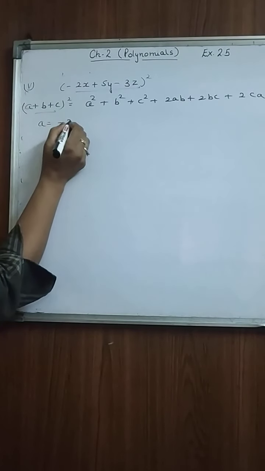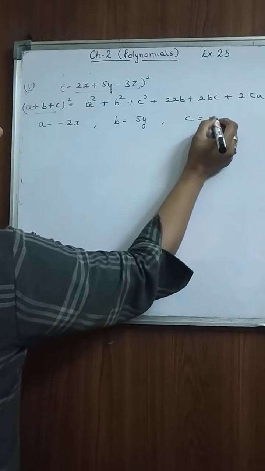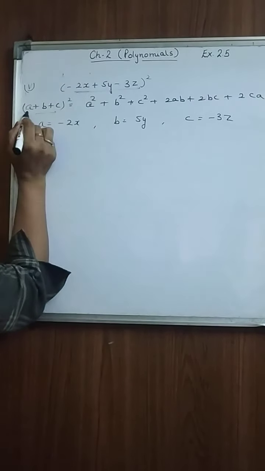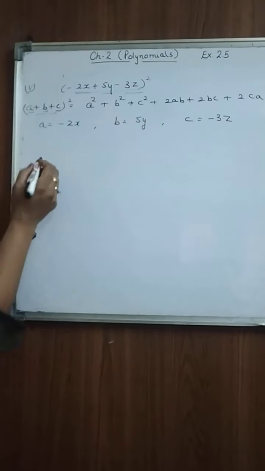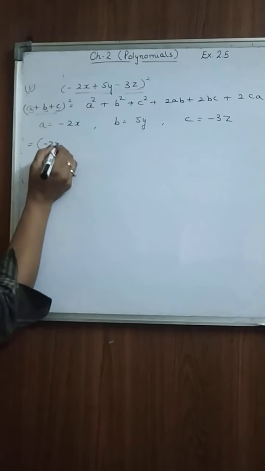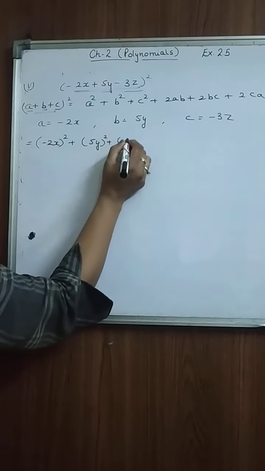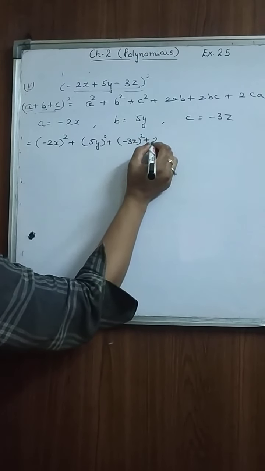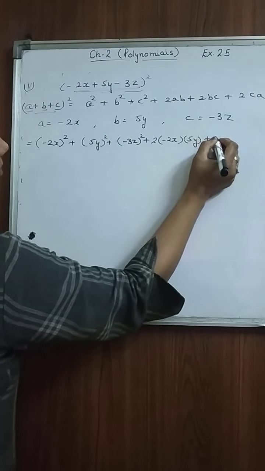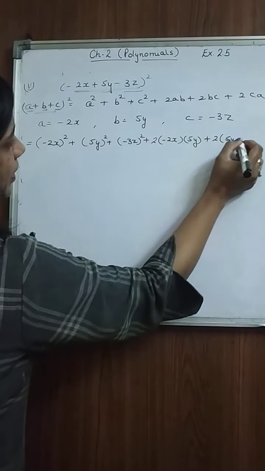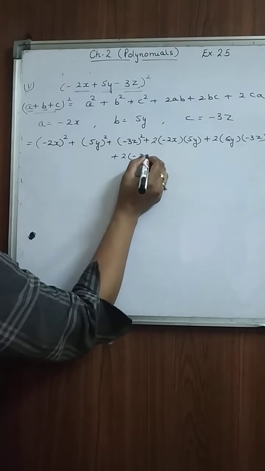Our a is here -2x, b is 5y, and c is -3z. If we compare it with this, you will take the term with the sign. Let's apply the identity: a square plus b square plus c square plus 2ab plus 2bc plus 2ca.